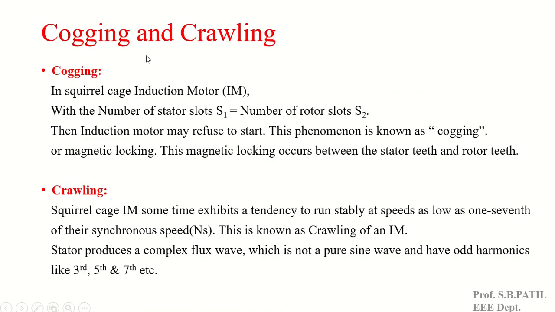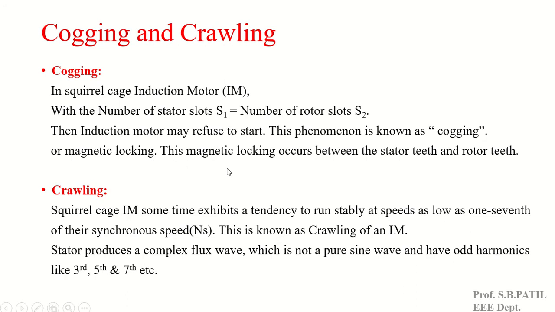Next, cogging and crawling. In a squirrel cage induction motor, with the number of stator slots equal to the number of rotor slots, that is S1 equal to S2, the motor may refuse to start. This phenomenon is known as cogging, or it is also called magnetic locking.